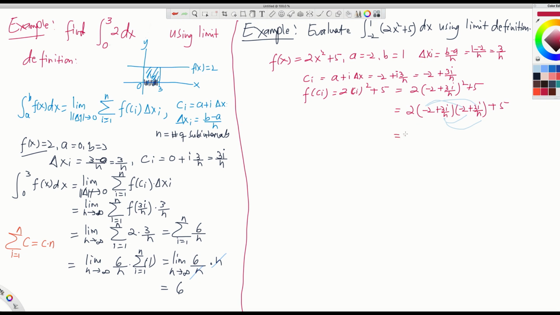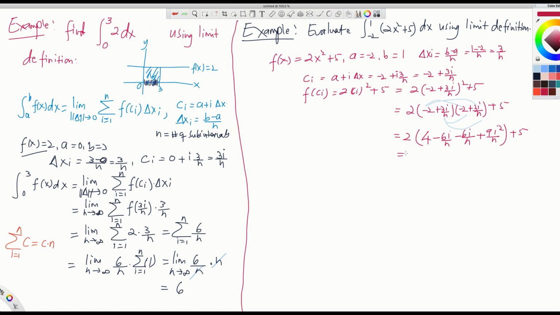Let me keep that 2 outside. So what do you get? Negative 2 times negative 2 is positive 4. Negative 2 times 3i over n is negative 6i over n. Now 3i over n times negative 2 is negative 6i over n, and then plus 3i over n times 3i over n will be 9i squared over n squared. This is what I get, plus 5. Let me simplify this.